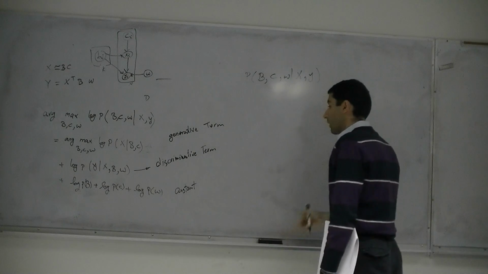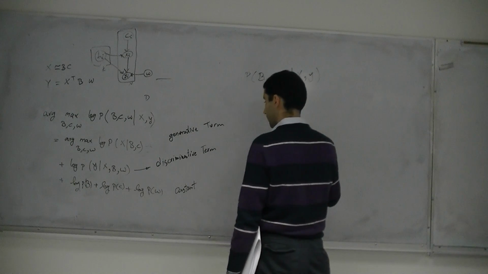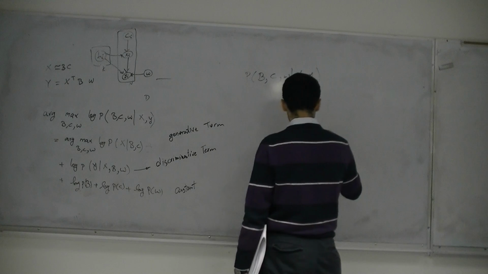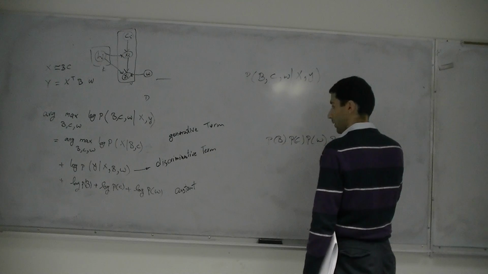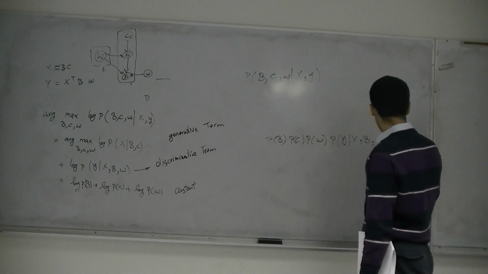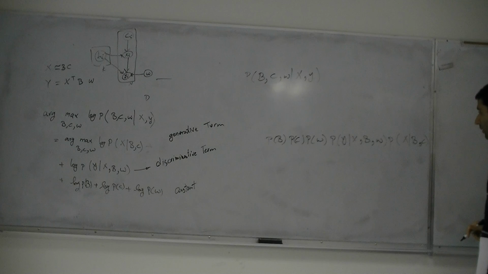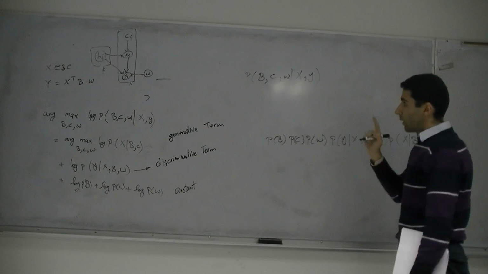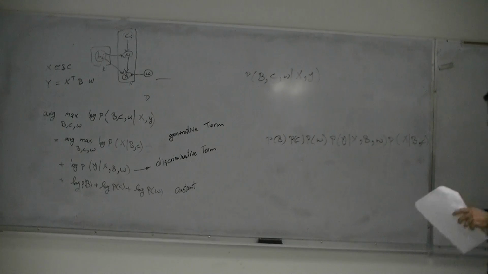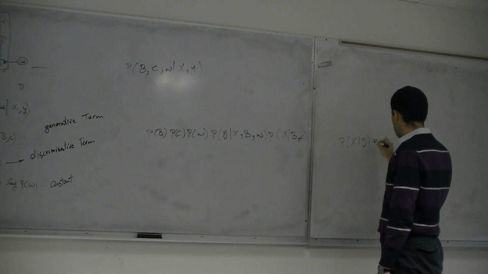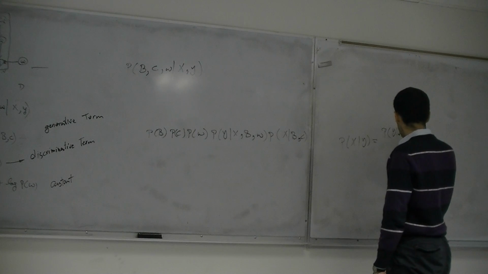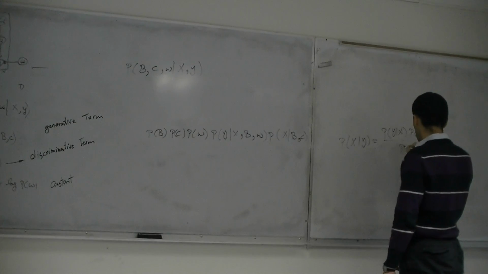try the reverse one. We have the probability of PB, PC, PW, and PY given X, B, W, and X given B, C. And in the posterior probability, for example, if we have P(X given Y), it's equal to P(Y given X) P(X) over P(Y).